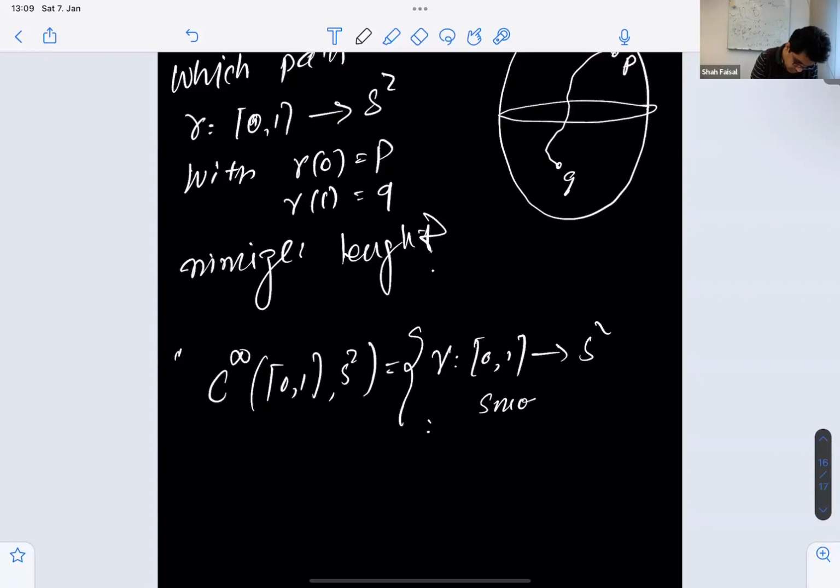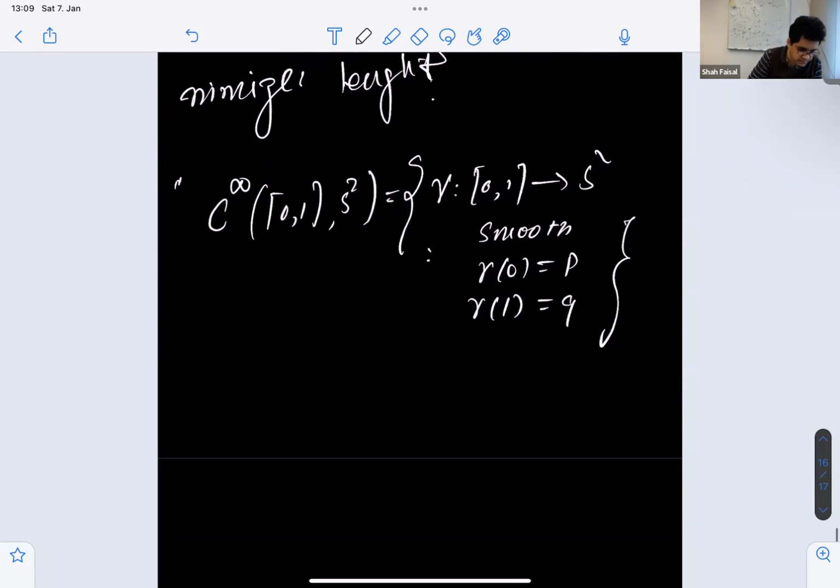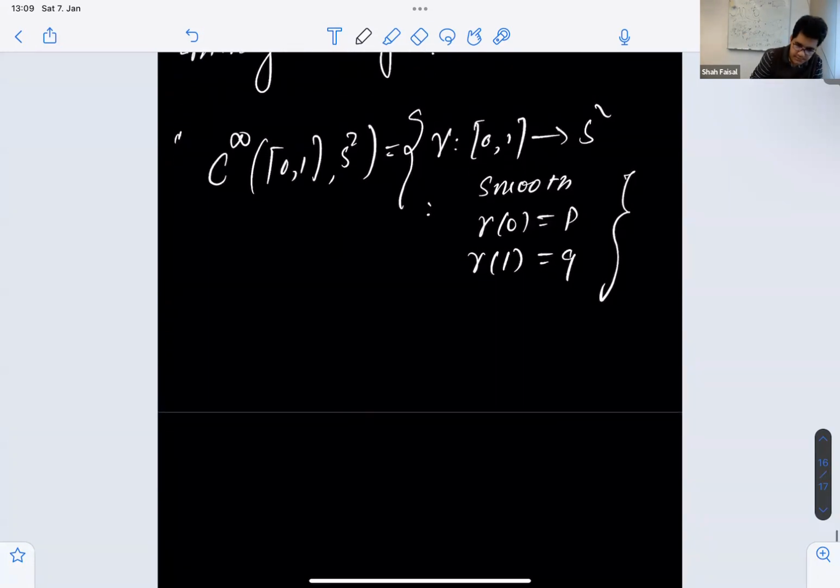It should be smooth. Secondly, it starts from the point P and ends at Q. This is not a vector space, because if you take two points on S2, adding them would not give you a point on S2. So it's not a vector space at all, or a Banach space or something.